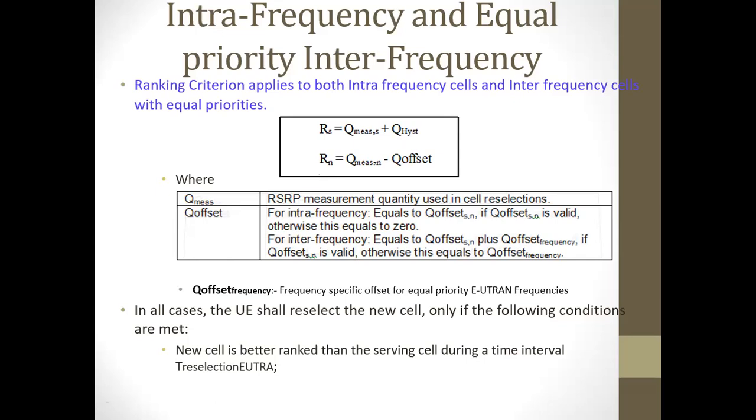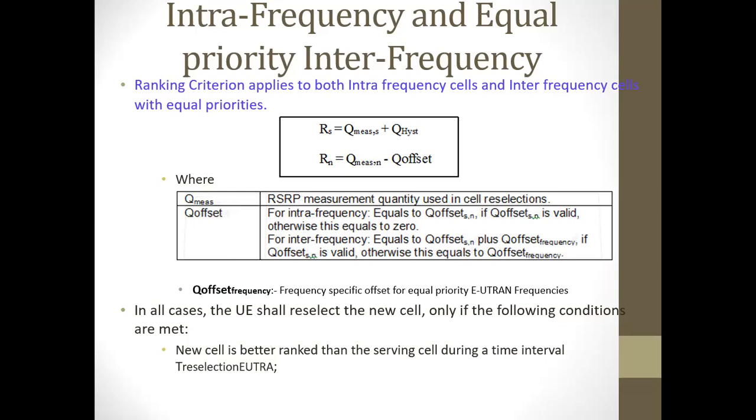The signal has to be higher by this value to have the ranking higher than the ranking of the serving cell. So there is a margin. This is a margin that the radio signal of other cells has to exceed relative to the radio signal of the current cell. That margin is given by this Q hysteresis. Then you can trigger a move to a new cell.